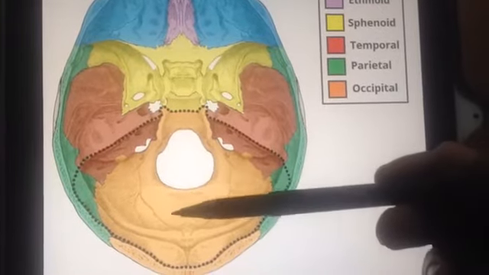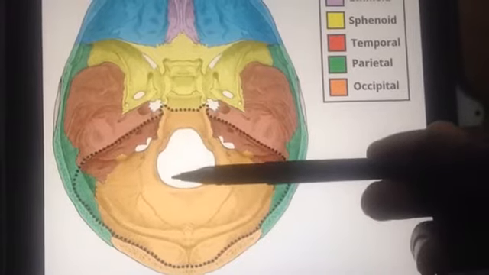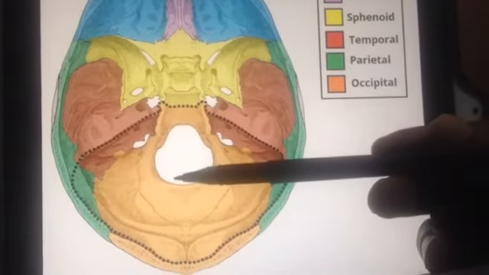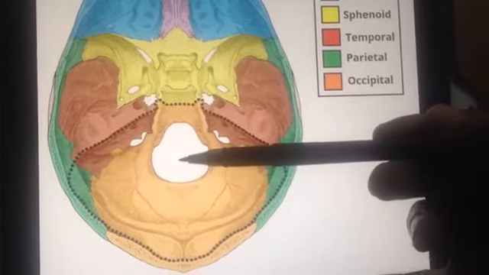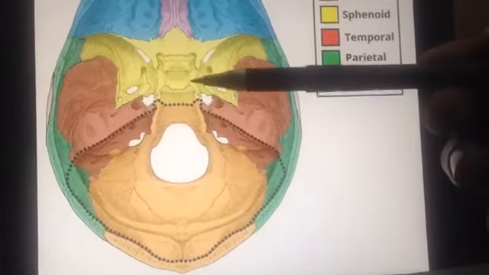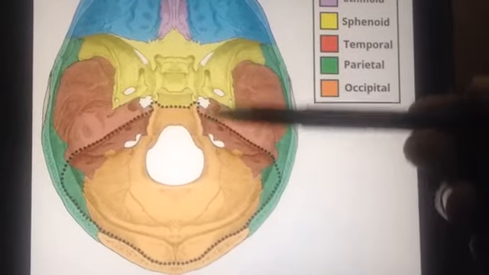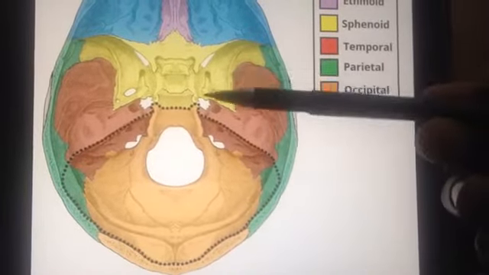So the cerebellum will herniate, especially the tonsils of the cerebellum, through the foramen magnum. We already know that the spinal cord passes through the foramen magnum to meet the brainstem before the cerebral hemisphere.